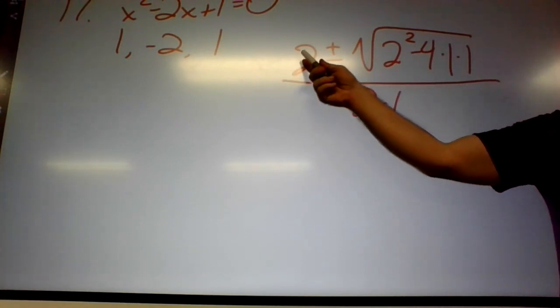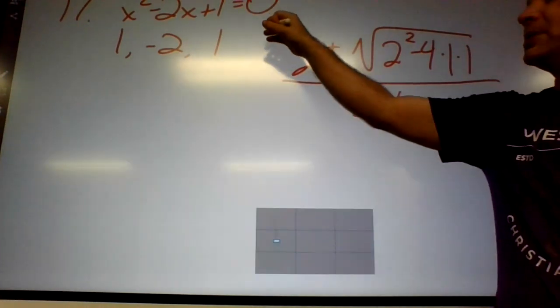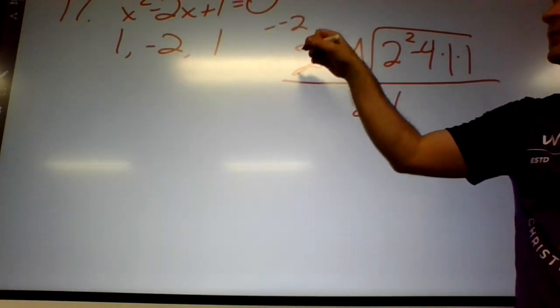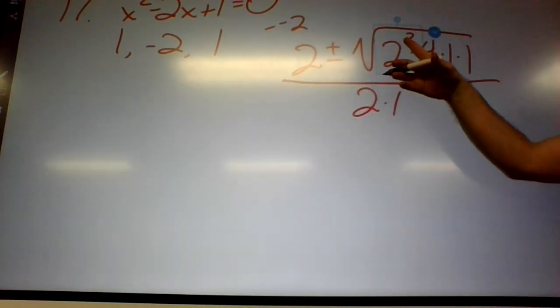Okay, yeah, so a couple things. Why didn't she put a negative right here? Because it's a negative negative. Because, yeah, negative b would have been negative negative 2, so that's positive 2. And why didn't she put a negative here?